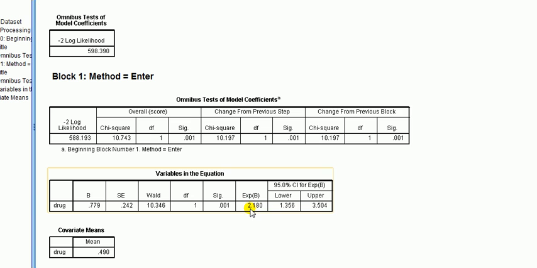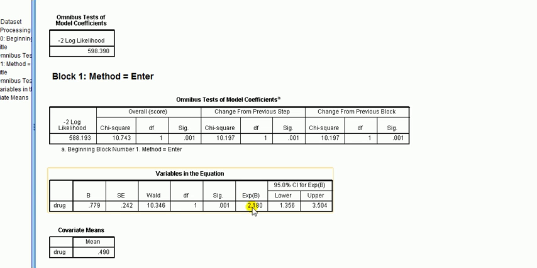If this number here is bigger than 1, it tells us the risk increases for the drug group, and if it is less than 1, it tells us that the risk for the drug group is lower than for the non-drug group. Here it is 2.18. It's bigger than 1, so that tells us that the risk of death from HIV is higher for the drug use group.